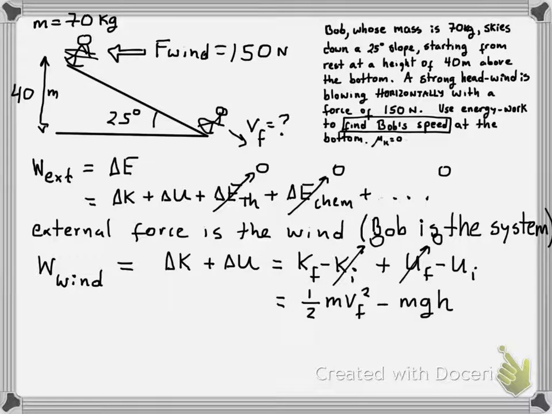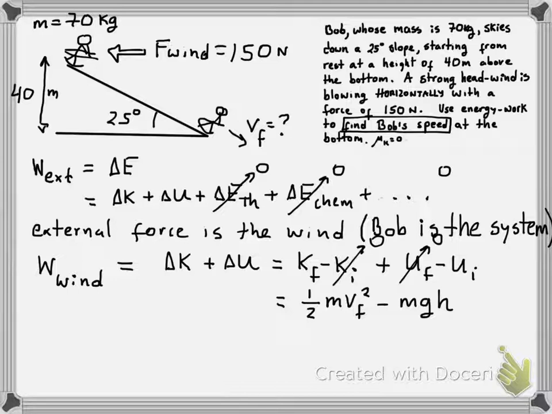So the change in energy is going to be 1/2 of the mass times the velocity at the end squared minus mgh. That came from the change in potential energy being U final minus U initial. The minus is because we do final minus initial, and the final potential energy was 0.